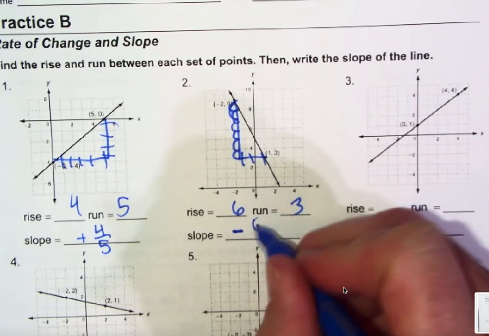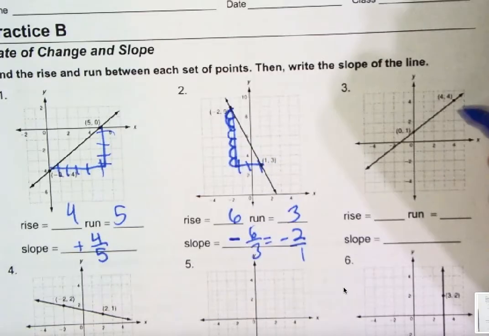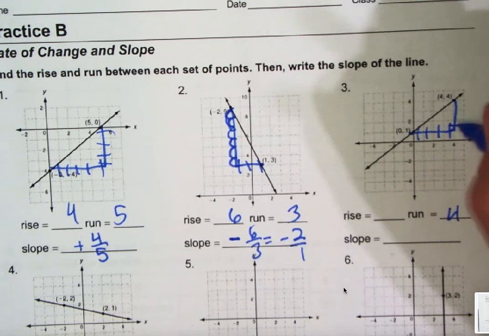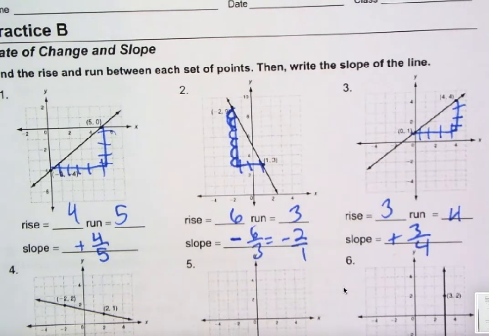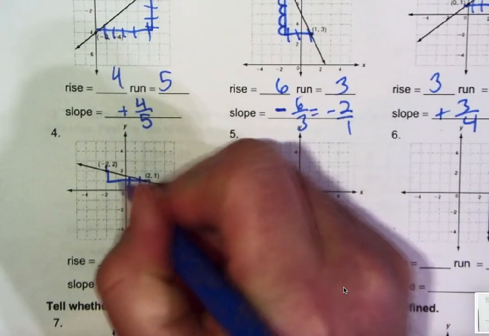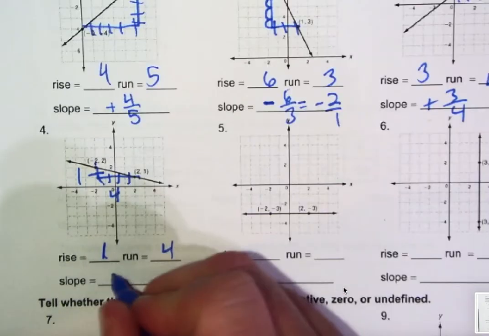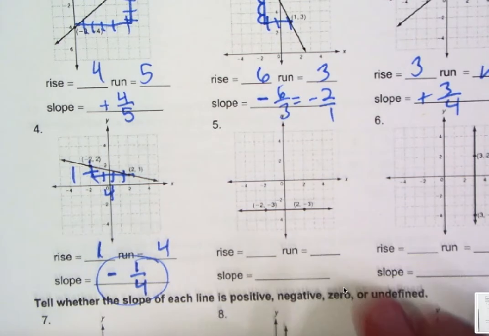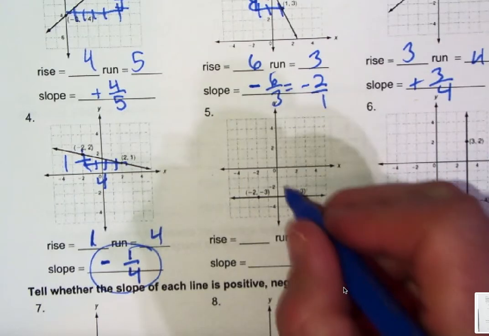Negative slope. Negative slope. Rise of 1, run of 4, negative 1/4.